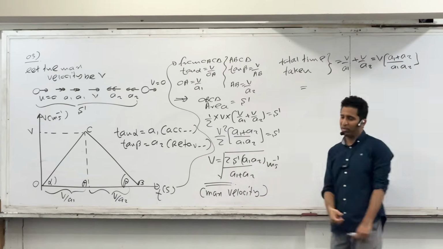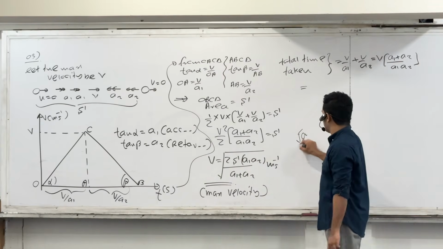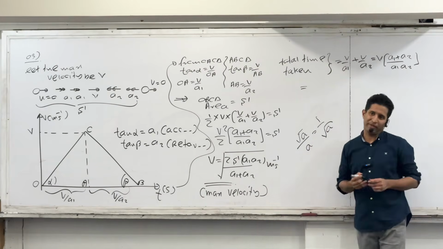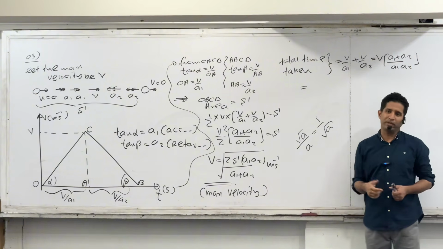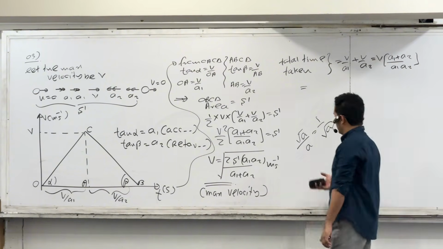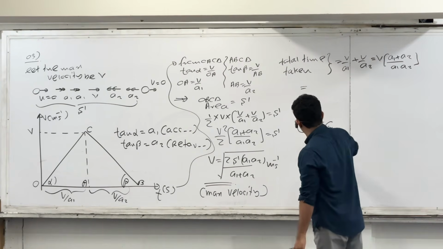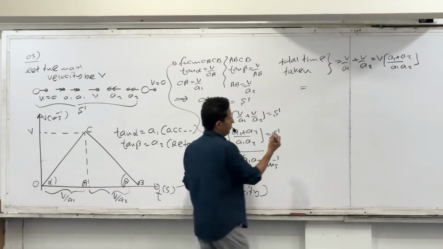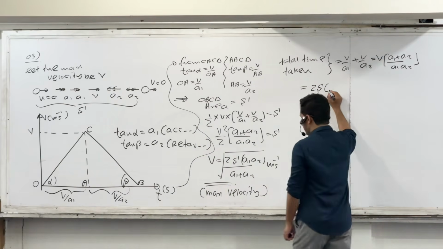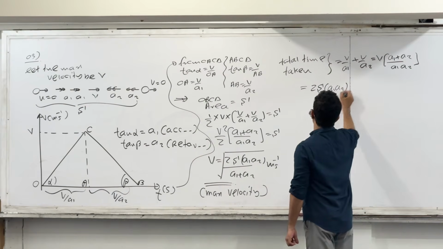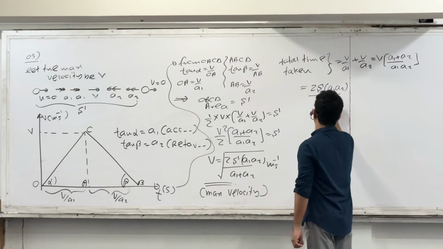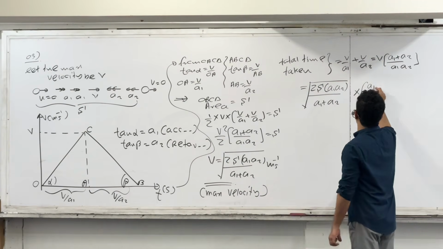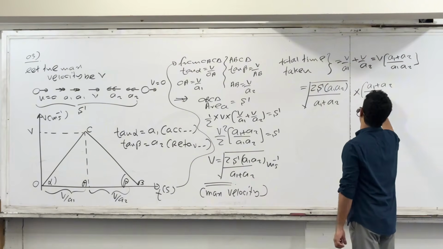In the simplifications, you remember that root A over A, root A to root A cancel, leaving 1 over root A. Otherwise, root A into root A is A. Now here, instead of V, when you substitute this, 2s times A1 A2 divided by A1 plus A2, square root, into A1 plus A2 divided by A1 A2.